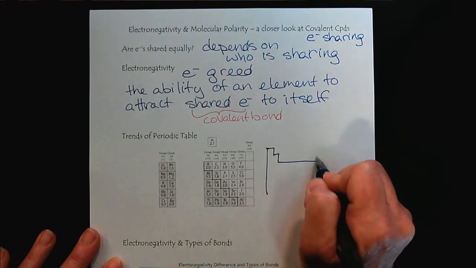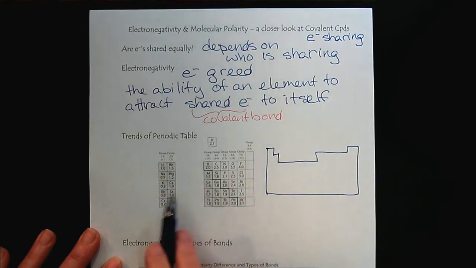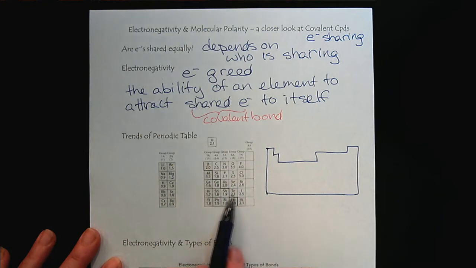If we look at the periodic table, these trends tend to focus on the main group, the representative elements, the elements where we're filling the s and p subshells.